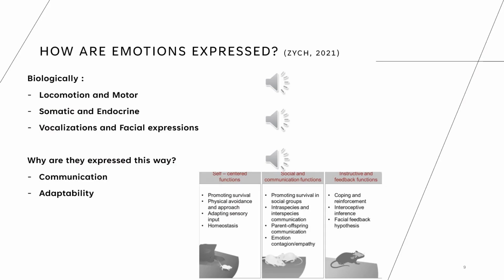How emotions are expressed is an important concept to learn so that we can interpret, visualize, and understand the way that emotions work. We have to know how we're going to see them expressed biologically and why that happens. Emotion expressions affect the entire person and involve many systems that react, including the motor, somatic, hormonal, neurochemical, and a few more.